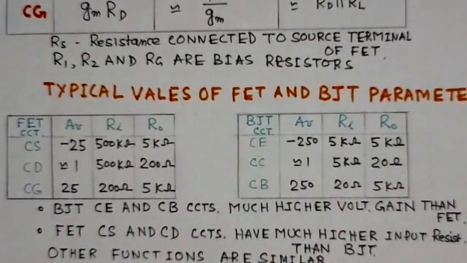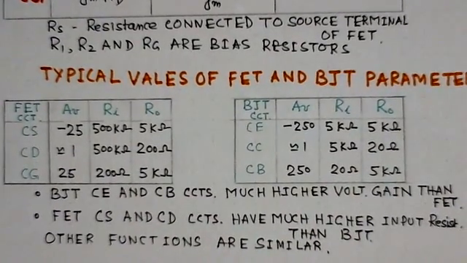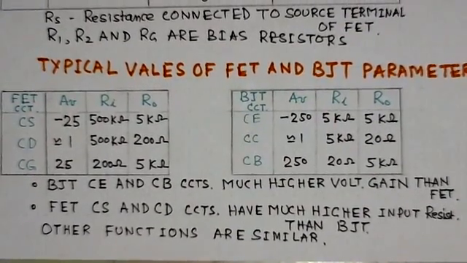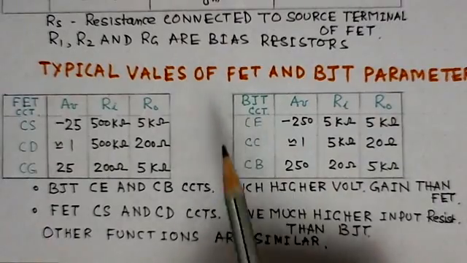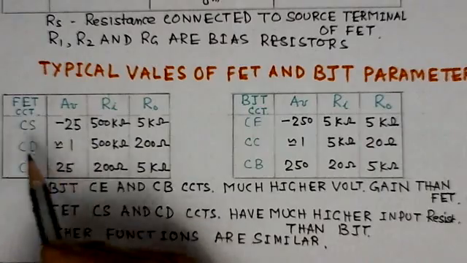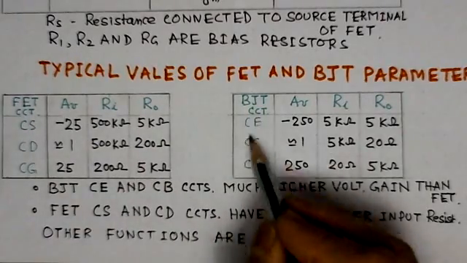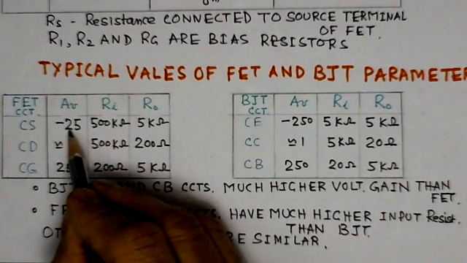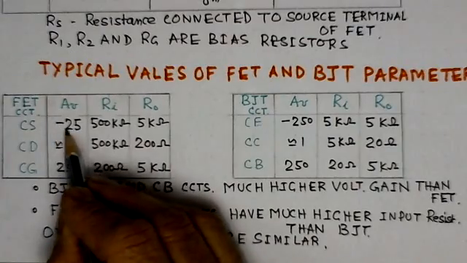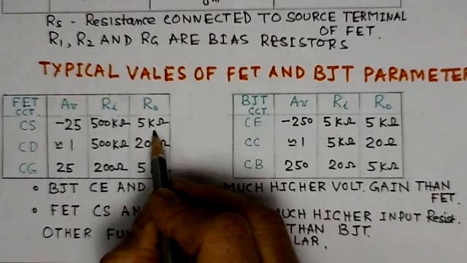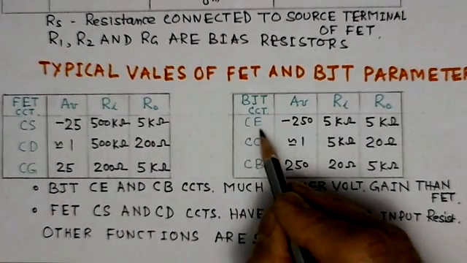This is a very important table which gives an overview of both FET and BJT amplifier parameters. This table is for FETs, this table is for BJTs. This is common source. The typical value for the voltage gain is about minus 25, because of the phase shift, RI is 500 kilo ohms, R0 is 5 kilo ohms. In the same way, this is common emitter.